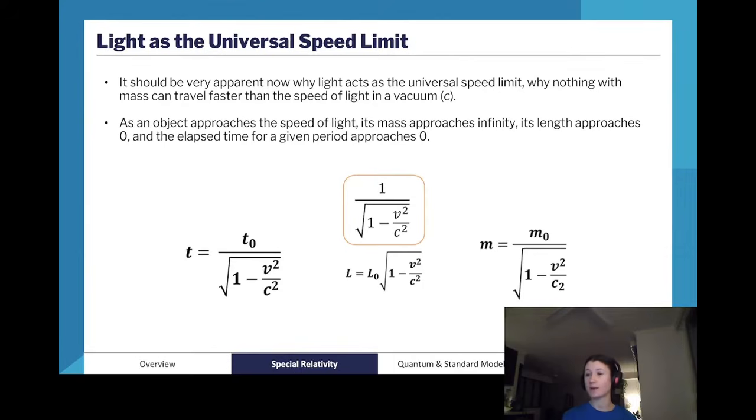There is actually one, I guess not even an exception, but an interesting fun fact to know: there is something that can travel faster than the speed of light, and it's nothing with mass. It's not an object. It is the meeting point of the two blades of scissors.